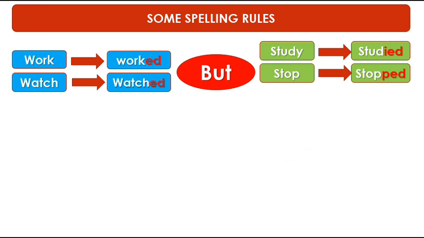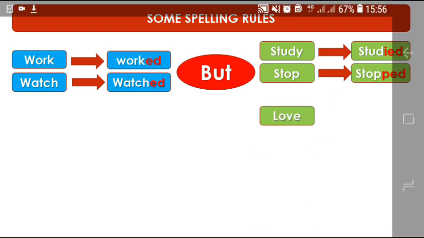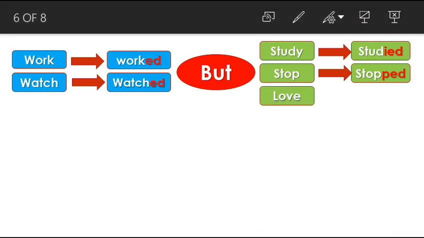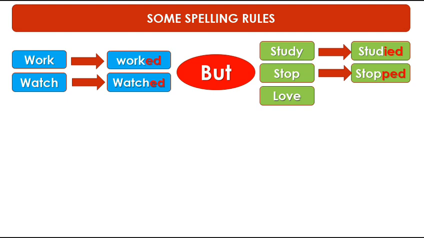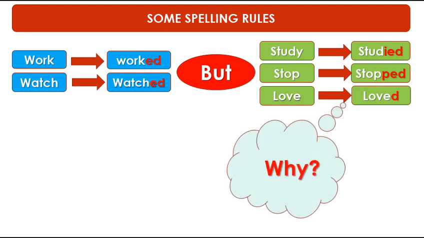We put stop and we put another p, that is, we double the last consonant and then we add ed. Or we may have something like love, which becomes loved, and we add only d. The question here is why? Why do we have these changes?